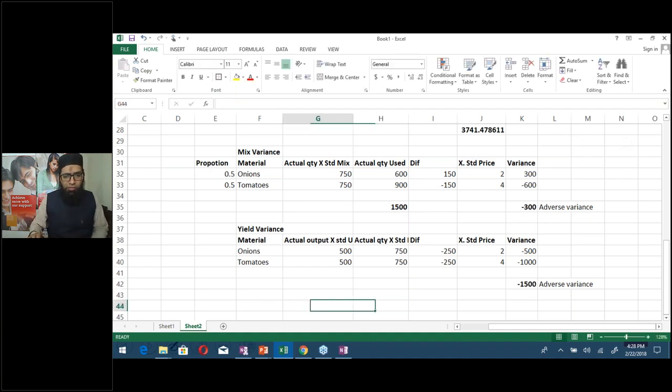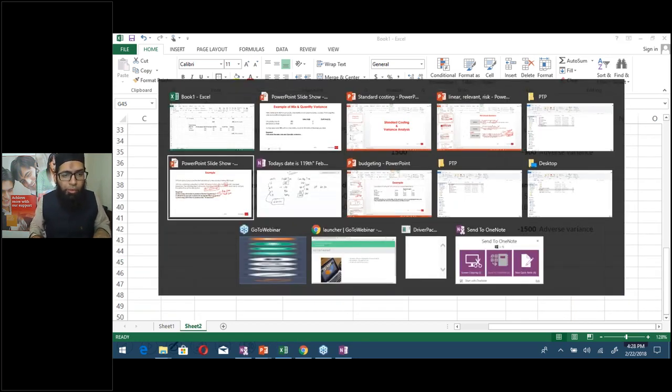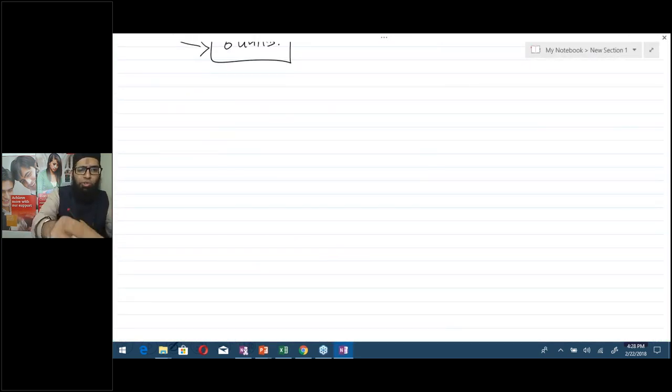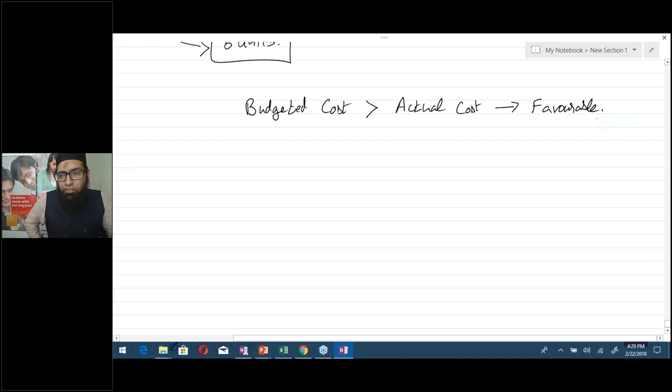In case of cost, you should always remember that if the budgeted cost is greater than the actual cost, then it is a favorable situation, because you have spent less than what you were expecting. So spending less is the favorable situation for the company.